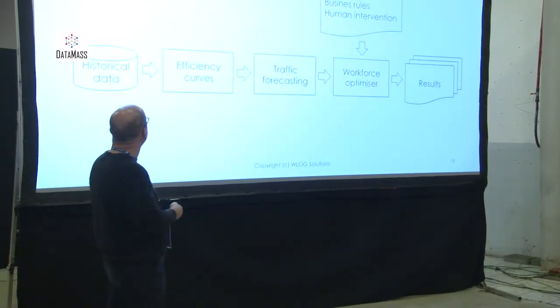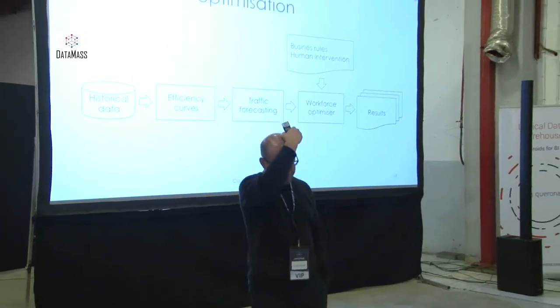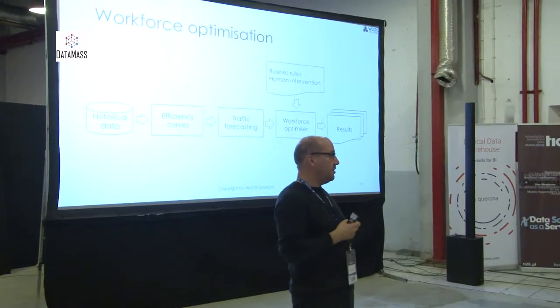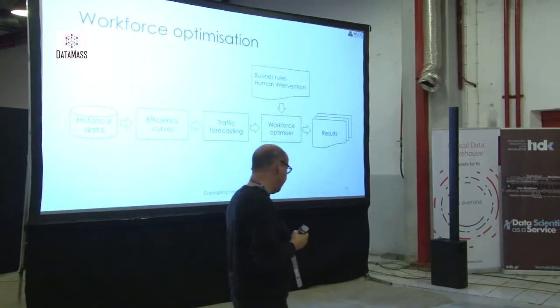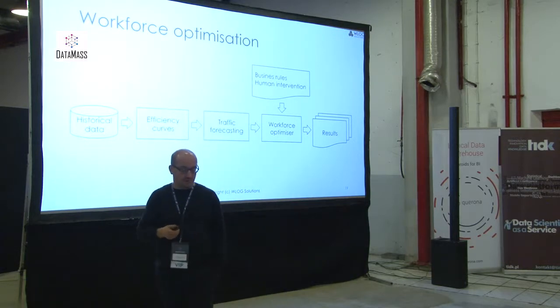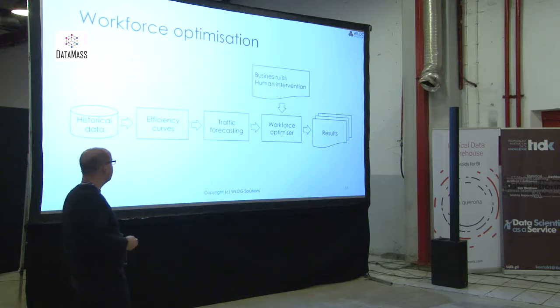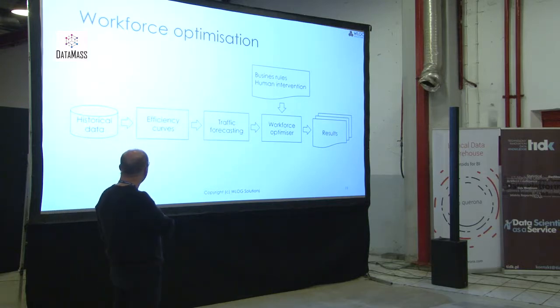So the example was workforce optimization. Imagine you are a retail chain owner, and you need to optimize the number of people in each store. What we had to do was build 3 models, what we called efficiency curves.